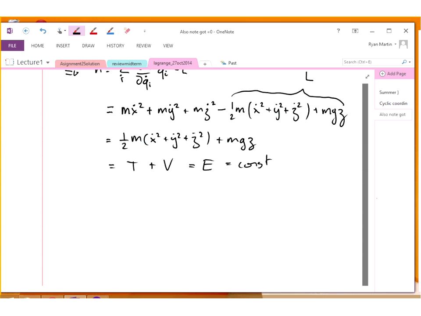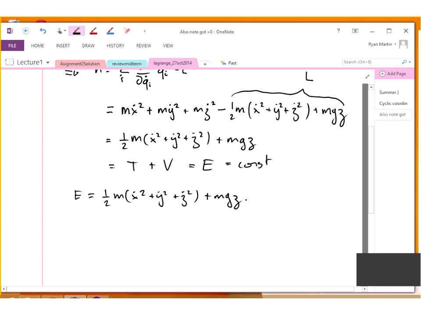All right, so you have the total energy, which you can calculate, right? E, based on the initial conditions, is a half m (x dot squared plus y dot squared plus z dot squared) plus mgz. So you can isolate z dot to get the equation of motion, a first order differential equation for z.